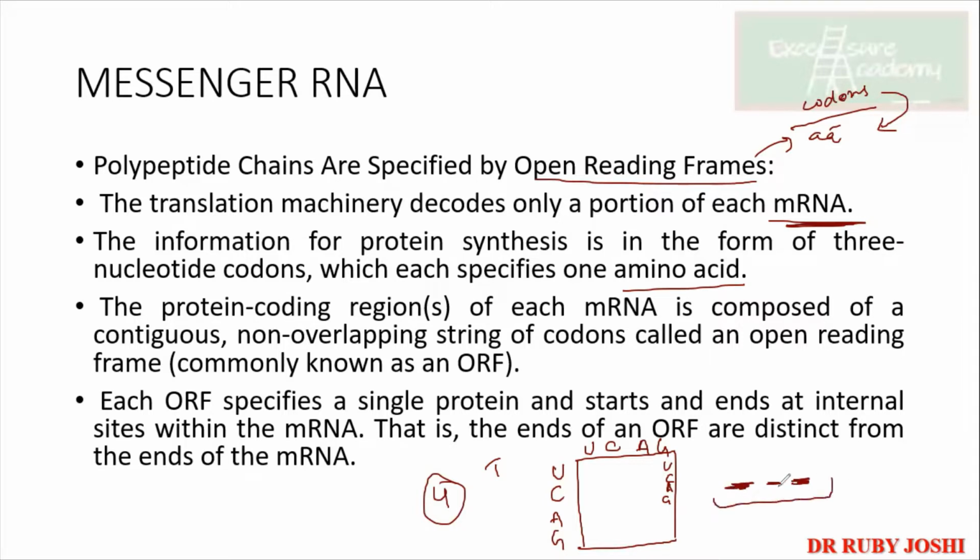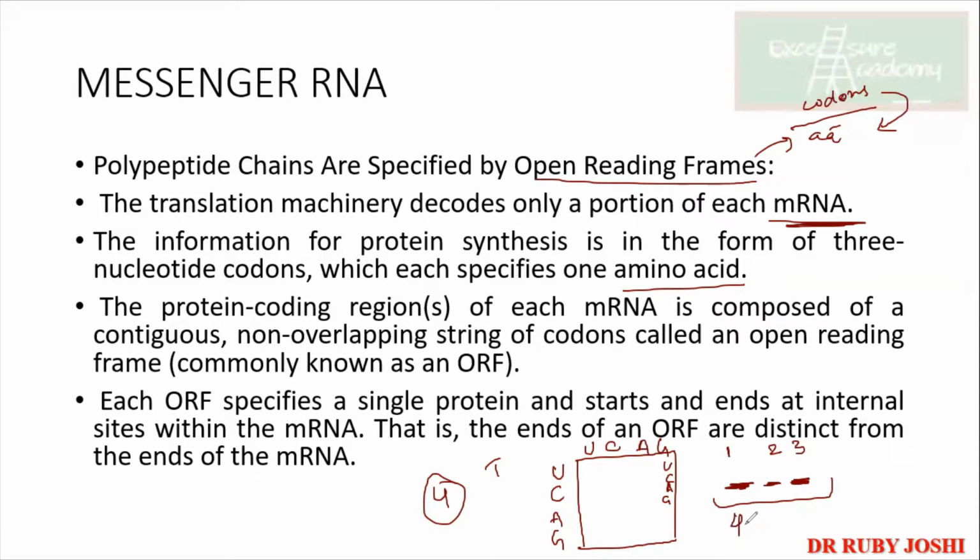You know codons are made up of 3 nucleotides, right? So which nucleotides can come in the first position? The question is about the first position, then the second position, then the third position, right? So what can come in the first position? I'm asking. Out of 4, any 1 can come, correct?